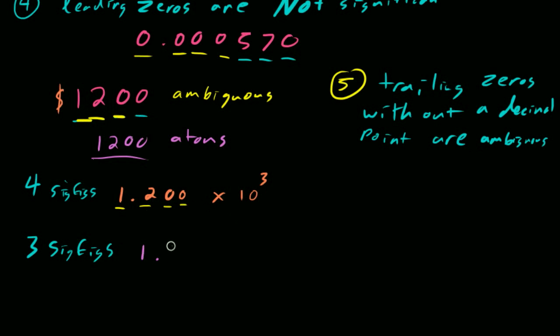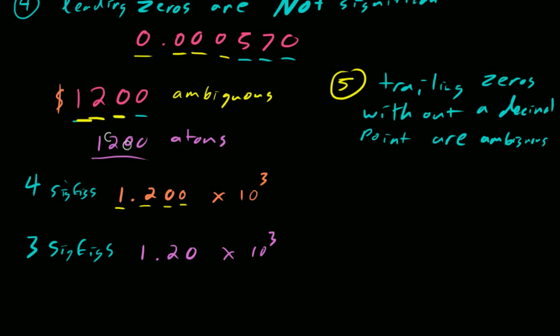So we would say 1.20. So now we've only got 3 significant figures times 10 to the third. We don't have to change the exponent on our 10. All we have to do is just leave one of our zeros off, because with 3 significant figures, we know a little bit less information about this number 1200 than we did when we had 4 significant figures.